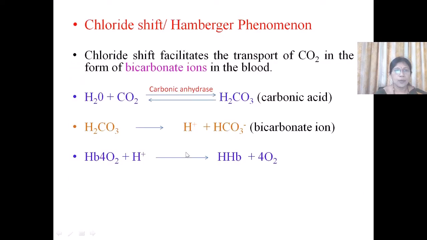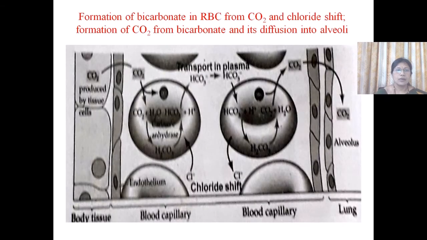Now let us study about chloride shift or Hamburger phenomenon. Chloride shift is a basic mechanism which facilitates the transport of carbon dioxide in the form of bicarbonate ions in the blood. Carbon dioxide from the tissues diffuses into the plasma, then it enters the red blood corpuscles, RBC.